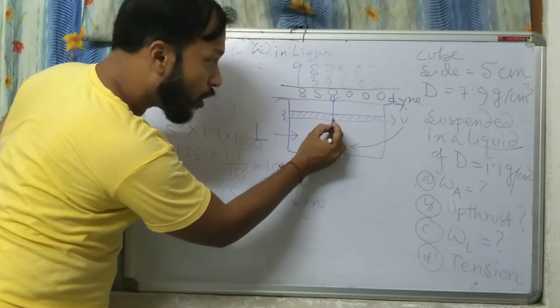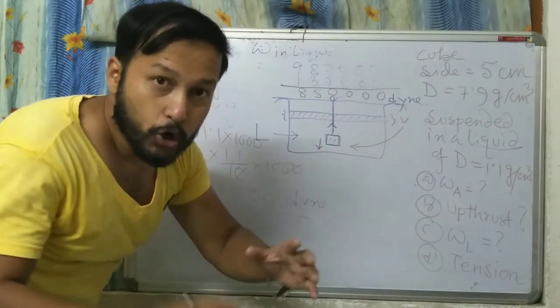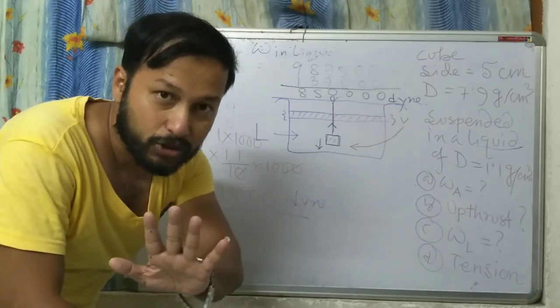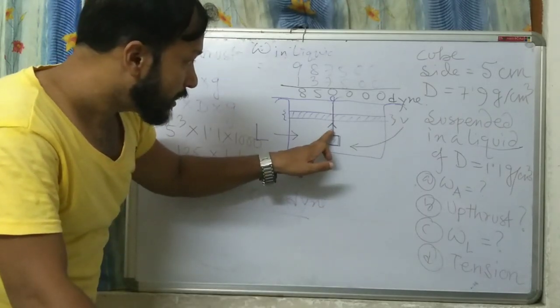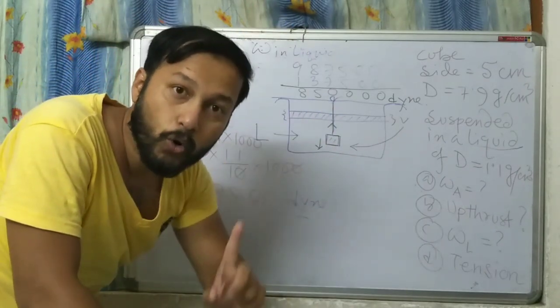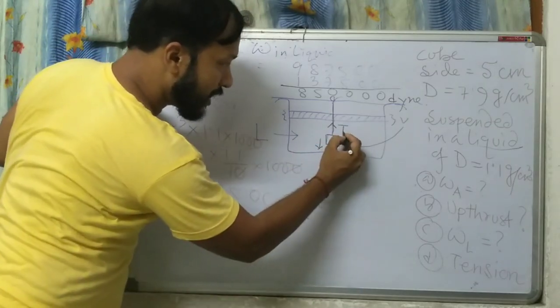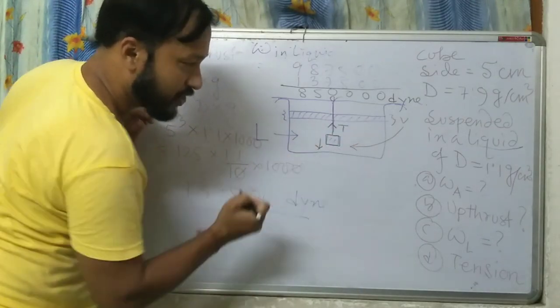That force of thread, this upward force, is not force of buoyancy. Don't mix it up. Don't be confused. This is the upward force of this thread. That is tension. This tension we have to find.